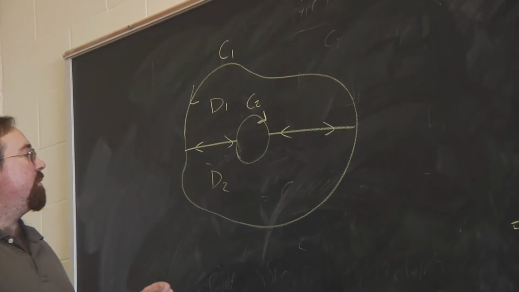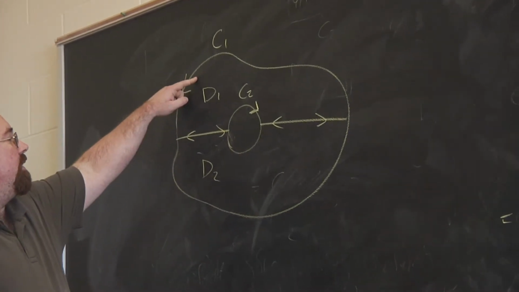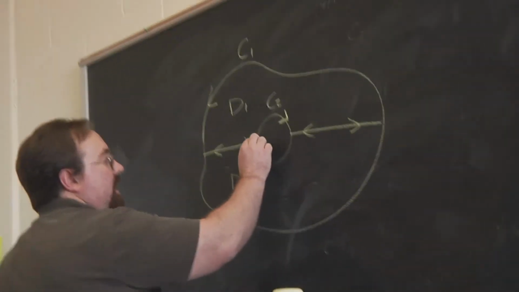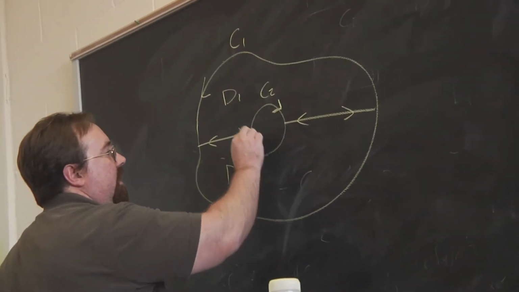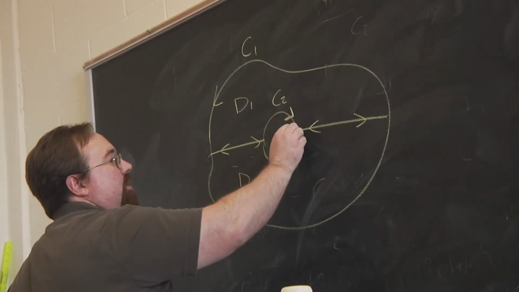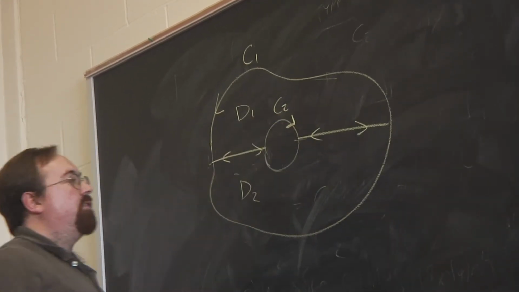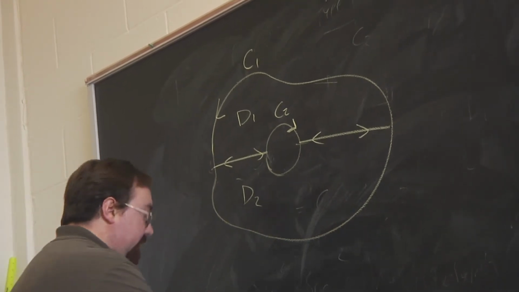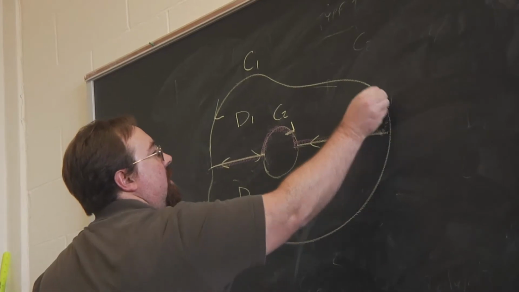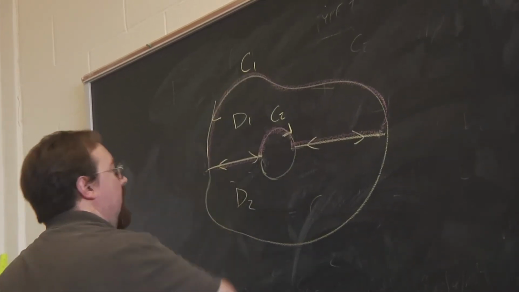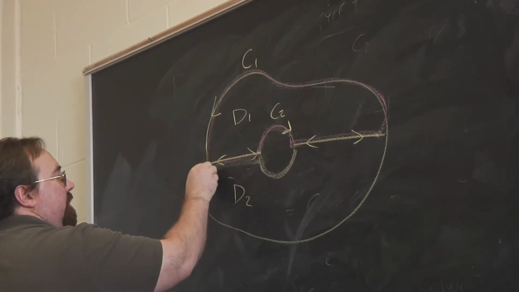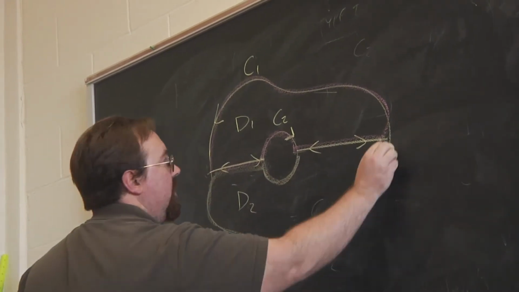So what happens is, for this piece, we're going to go along here, this orientation. We go here, the top part, and keep going. And then for the bottom part, we use the bottom half of this boundary of the hole.